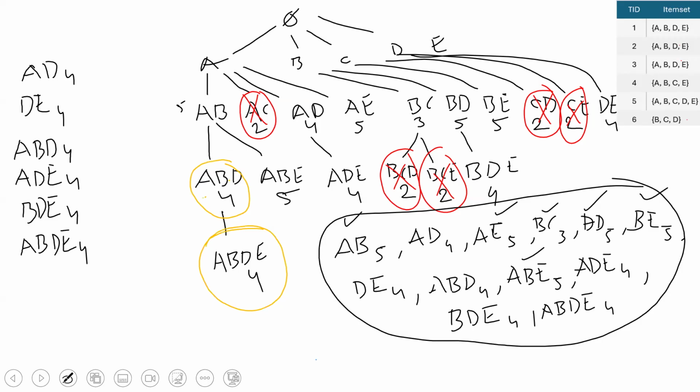A frequent item set is called a maximal item set if it is not a subset of another frequent item set, but here ABD is a subset of this frequent item set. Now if you take ABD, is it a maximal item set?